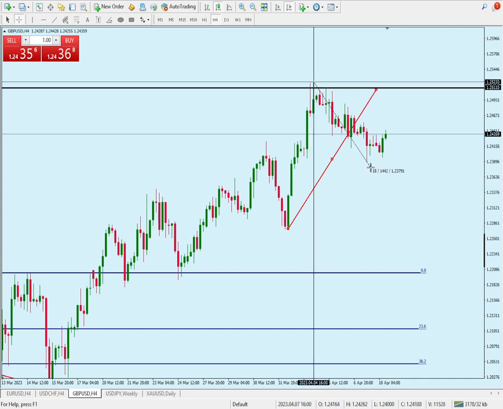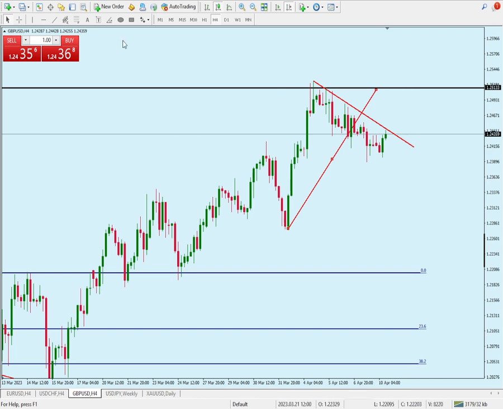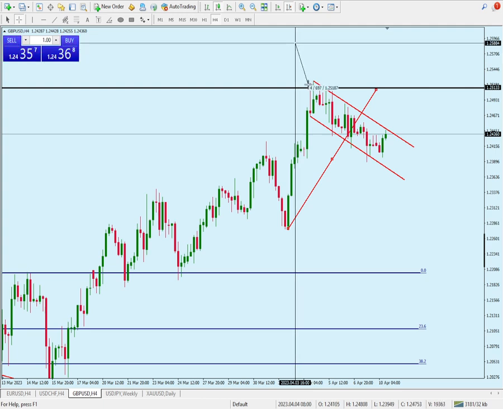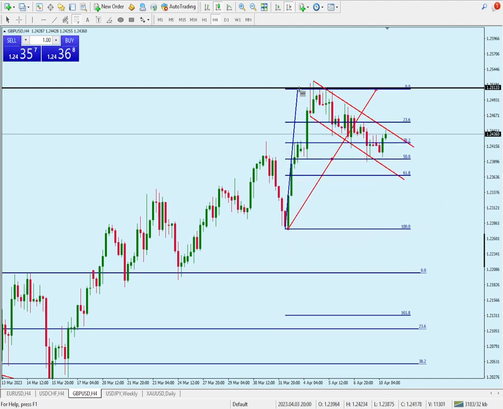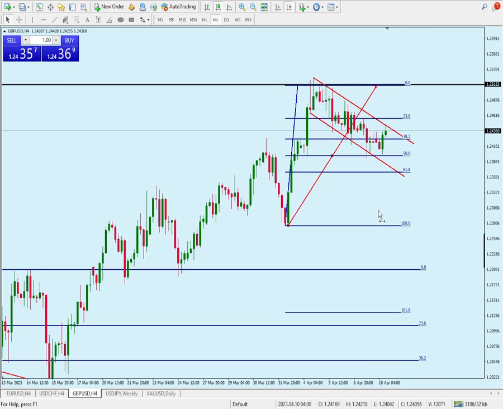It came down in a very small channel, and you can say this is a kind of flag pattern as well, if you see, followed by this tiny reversal candle. The ABCD pattern is completed. So what I think is the market is going back down.